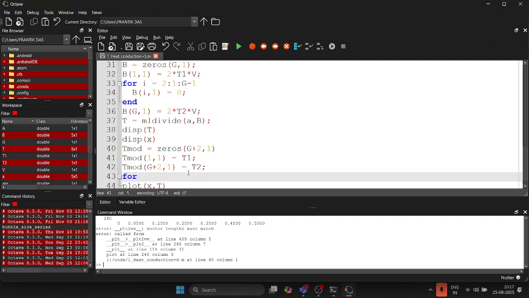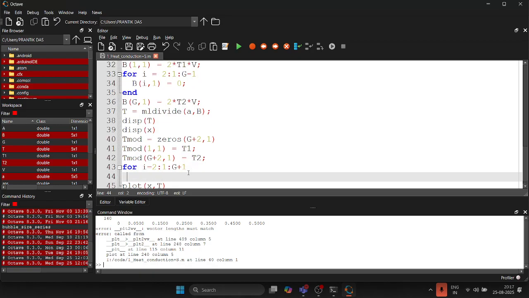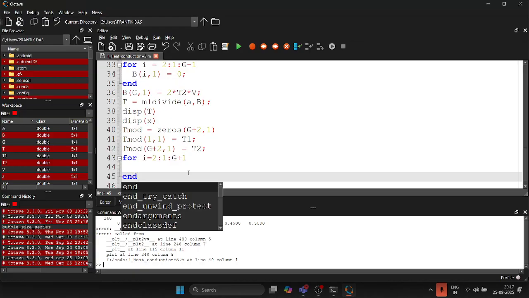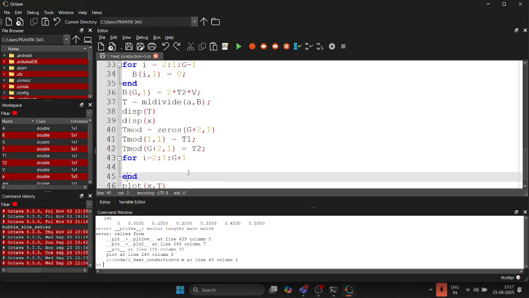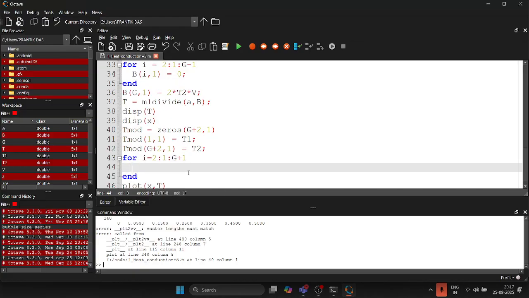Okay, and then I write a for loop. So the for loop runs from I equals 2 to G plus 1, and T mod I comma 1 equals T I minus 1 comma 1.